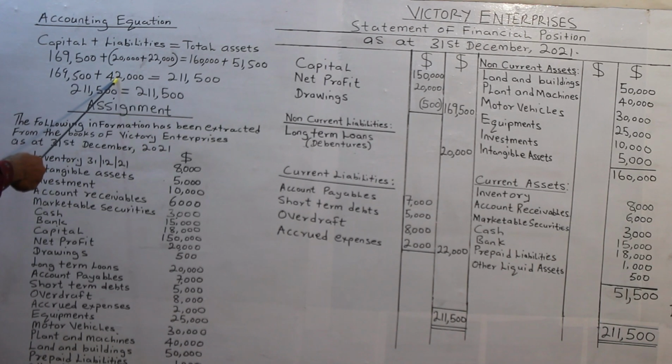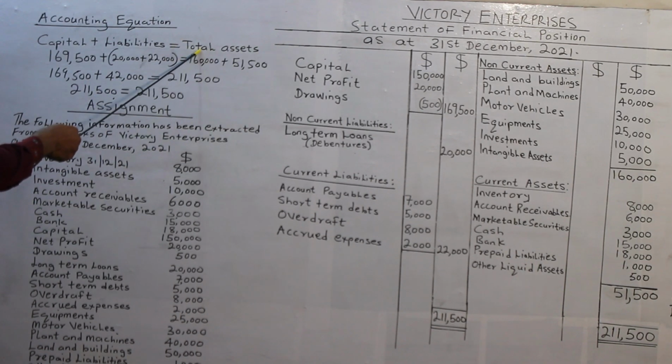Now, if you add this 42,000, which is the total liabilities, to the capital of 169,500, you now have 169,500 plus 42,000, which gives us $211,500.